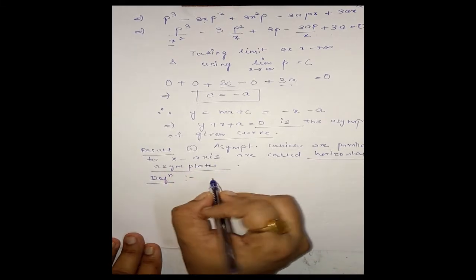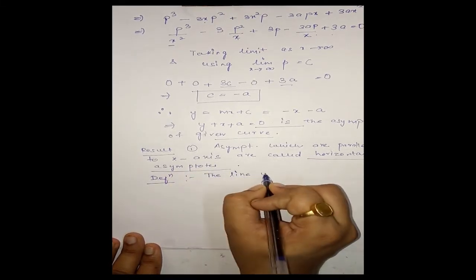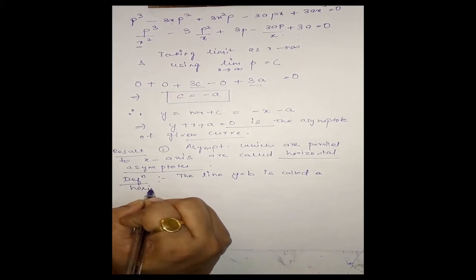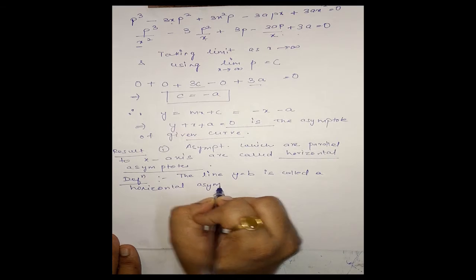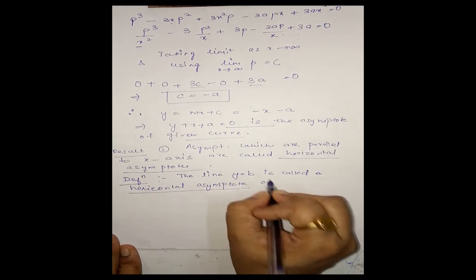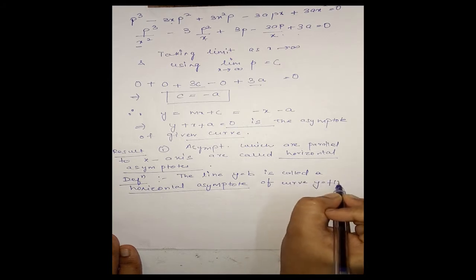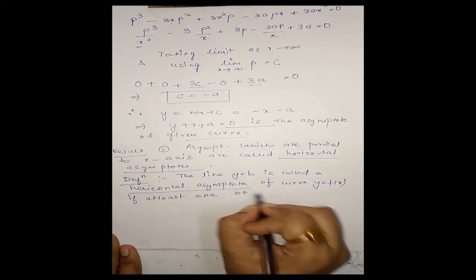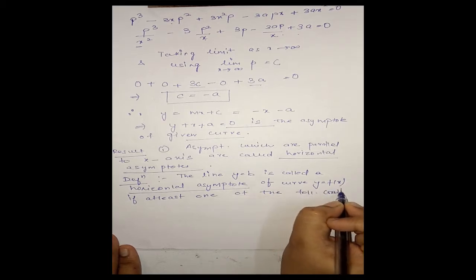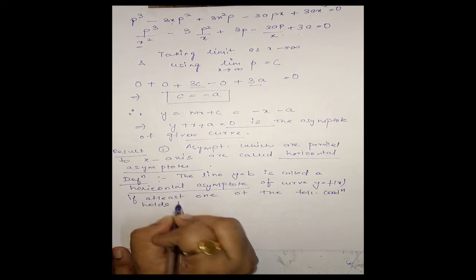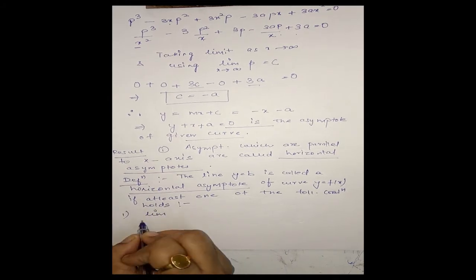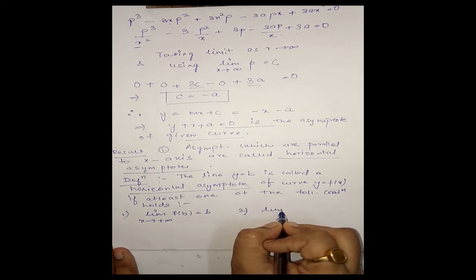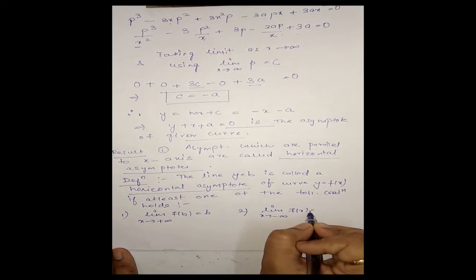First, for horizontal asymptotes, the line y is equal to b is called a horizontal asymptote of the curve y is equal to f(x) if at least one of the following conditions holds: limit x tending to plus infinity of f(x) is equal to b, or limit x tending to minus infinity of f(x) is equal to b.